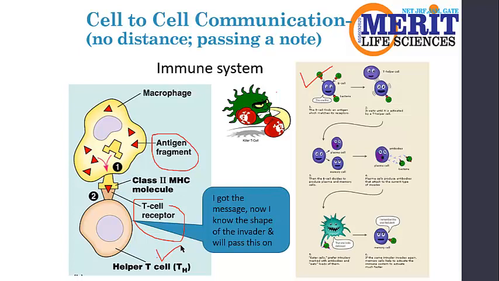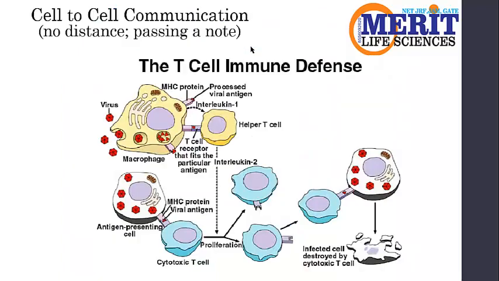This is a kind of no distance cell to cell communication, and in this way T cell immune defense works, because whenever viruses are there, they are presented by the T helper cells and then interleukins are released, and interleukins lead to proliferation of cytotoxic T cells.